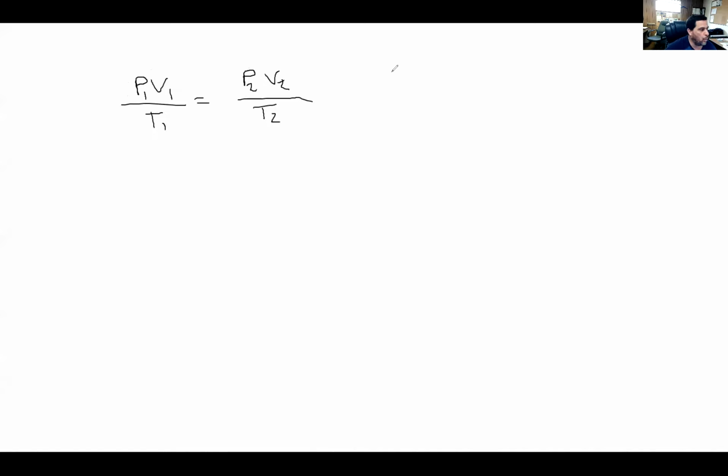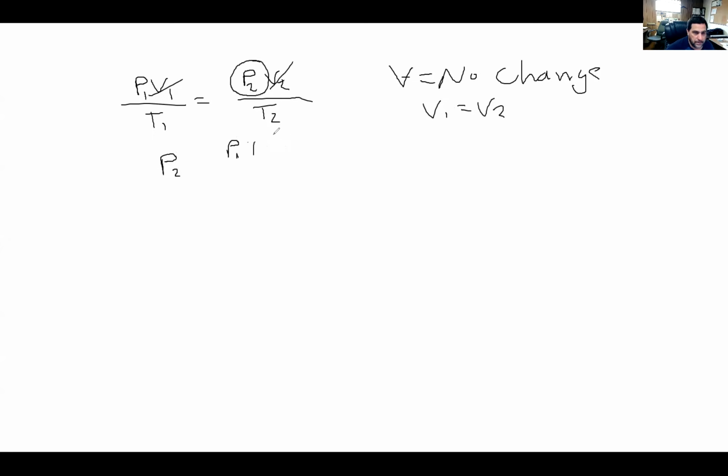So we know from this example, right, there will be no change in the volume. Okay, so V1 is equal to V2. So V1 and V2 will cancel. So if I want the pressure after we've driven, I'm just solving for P2 here, right? It is going to be P1 times T2 over T1.